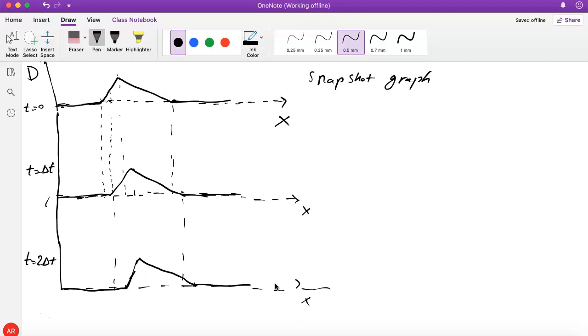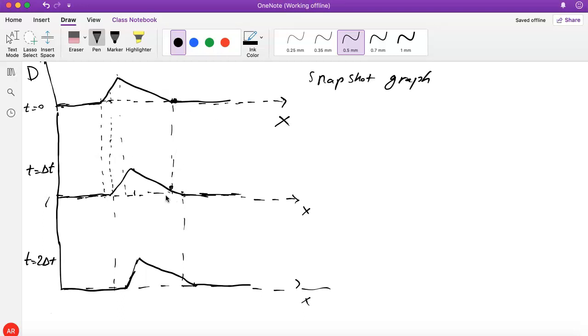Okay, so now you may say, well, I don't really care about the entire rope. I'm interested in one point. Maybe I've painted a little piece of this rope, and I want to see how it's moving as a function of time at that particular point. So let's focus on this point in space over here.